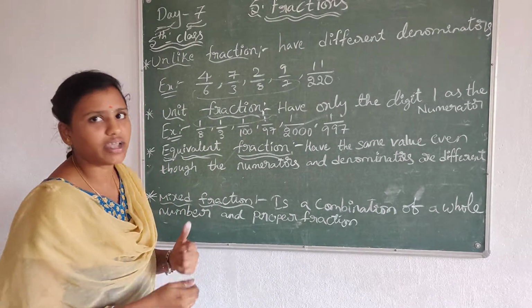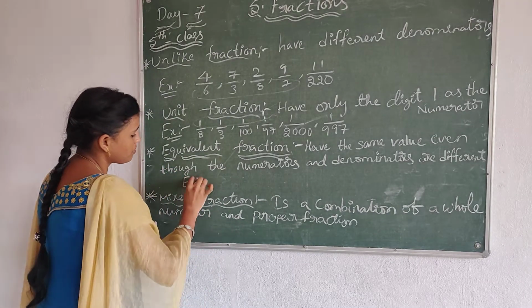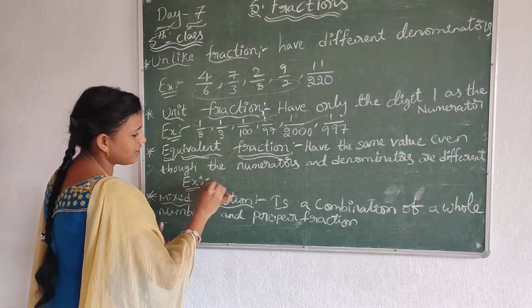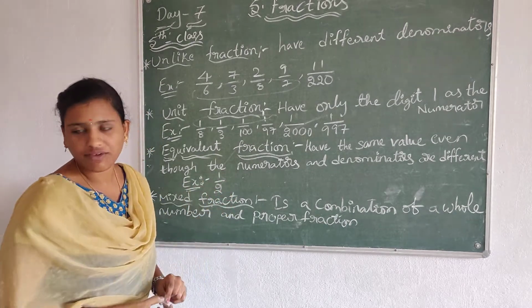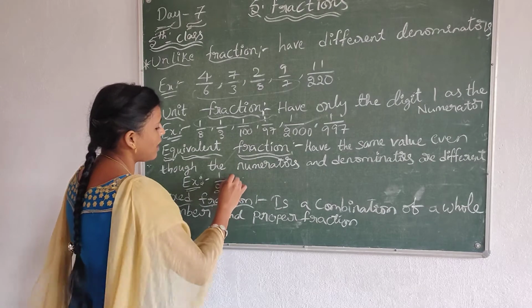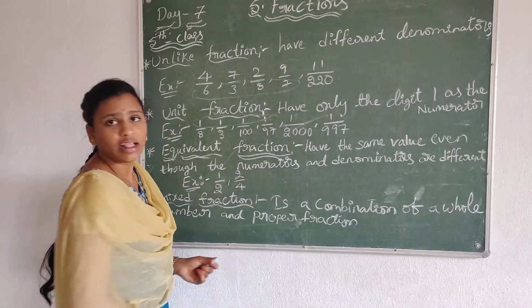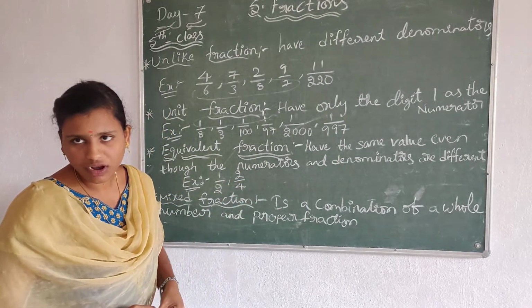For example, I will take one example. See the first example, 1 by 2. Take the fractions 1 by 2 and 2 by 4. These two are equivalent fractions.